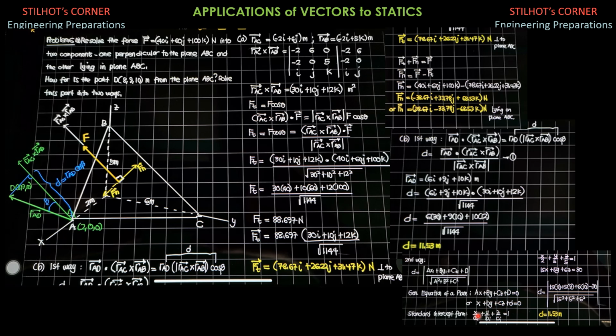The other standard form, the intercept form, is x over a sub i, the x-intercept, plus y over b sub i plus z over c sub i equals 1, patterned after the intercept form of a line, which is just x over a sub i plus y over b sub i equals 1. Since this is three-dimensional, we extend it to the third component z over c sub i equals 1.